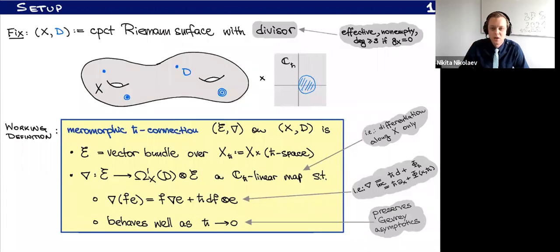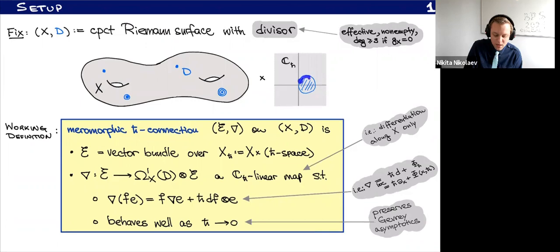It depends on h-bar holomorphically. But in my case, things will not depend on h-bar holomorphically. Instead, they have to be holomorphic in sectorial domains like this. And the condition that you want to assume is some restriction on the asymptotic behavior as I let h-bar go to 0 inside this domain. This is a kind of technical point.